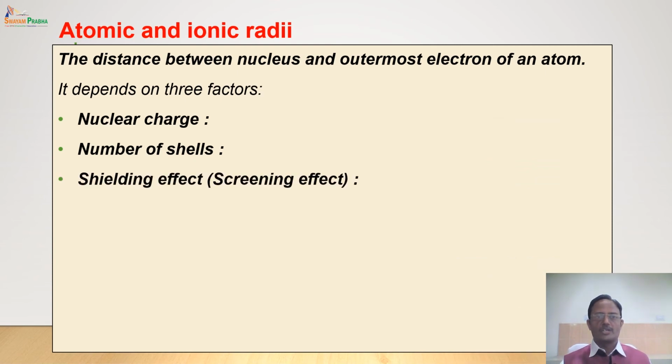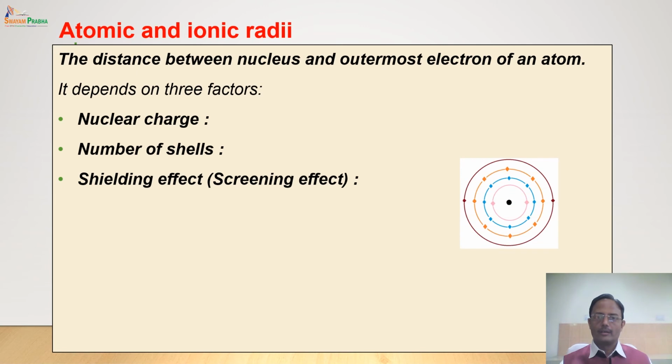Third factor which governs the atomic and ionic radius is the shielding effect or screening effect. Now let us try to understand this effect in detail. If you have an atom with n number of shells and electrons present in the shells, when I say atomic radius, it is the distance between the nucleus and the outermost electron. Now this outermost electron is experiencing some force of attraction from the nucleus.